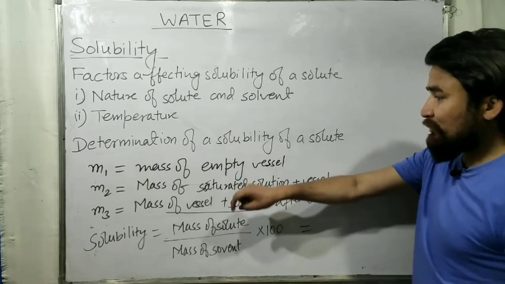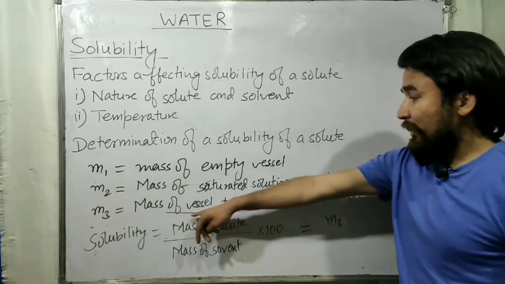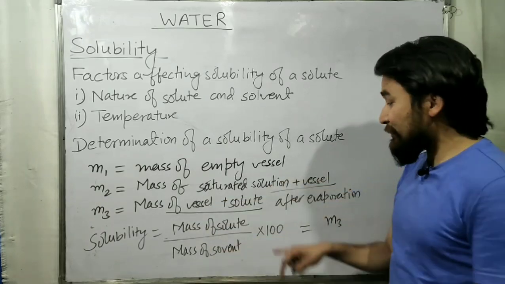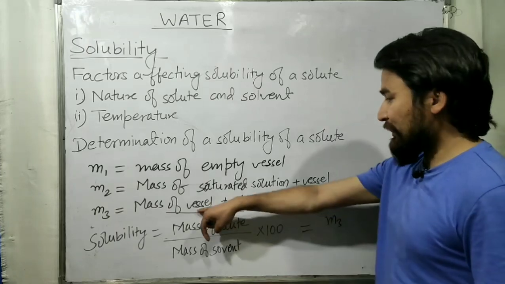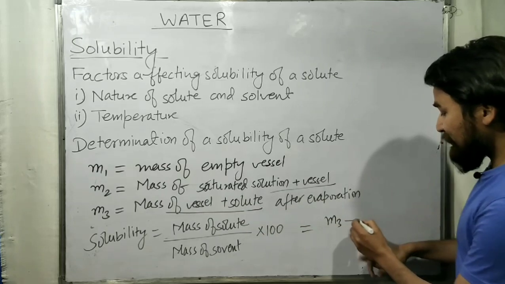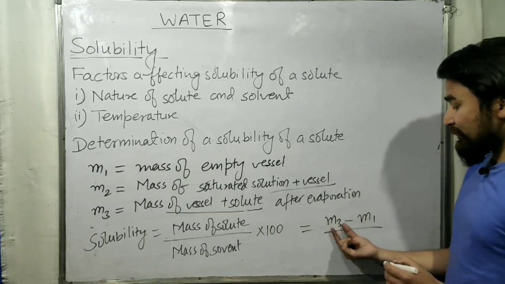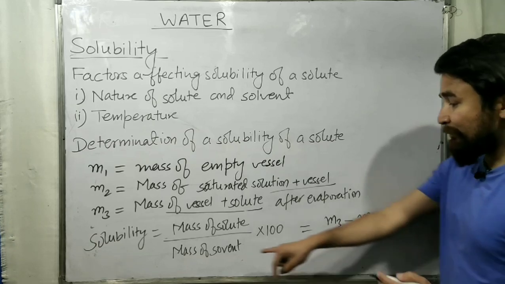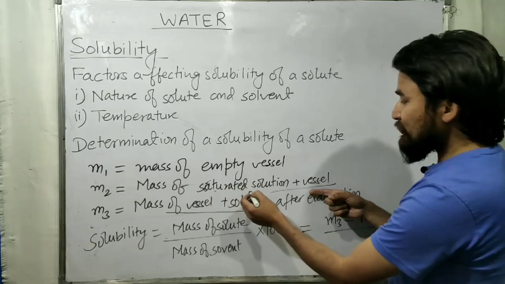Mass of solute is equal to M3 minus M1, because M3 is the mass of vessel plus mass of solute, since only solute will remain after evaporation, so we have to subtract the mass of the vessel from this. That is M3 minus M1, by the mass of solvent. So the mass of solvent, you can say, is obtained from the mass of saturated solution.